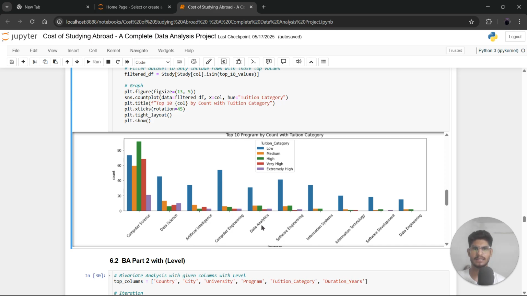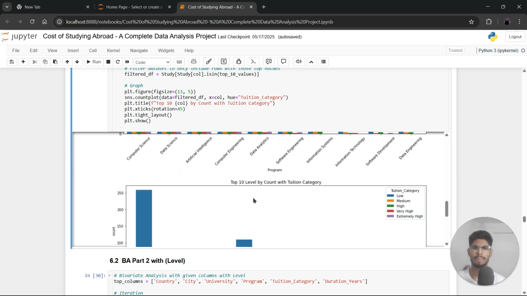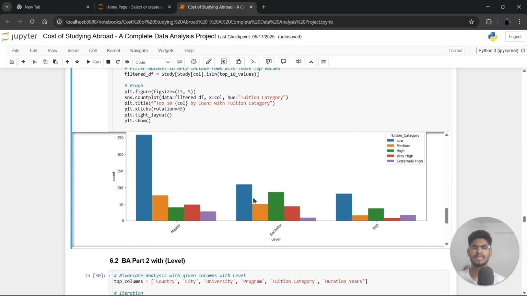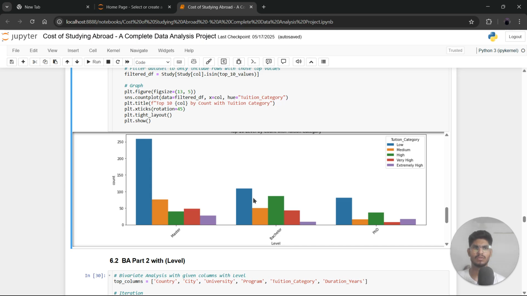The data analysis, data analytics course costs you very low, any program. Now we will see which costs the low: masters, low, fine. Bachelor will cost you the same; it can cost you low, medium, high, very high, or extremely high. It depends on the country you are choosing.